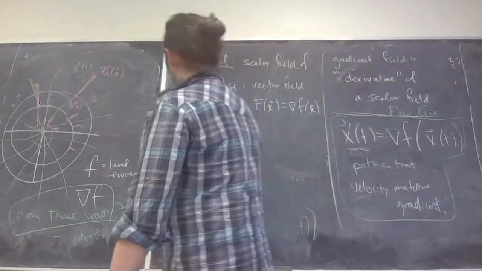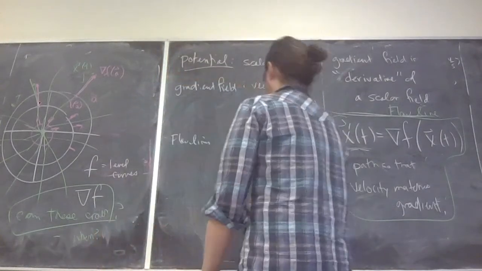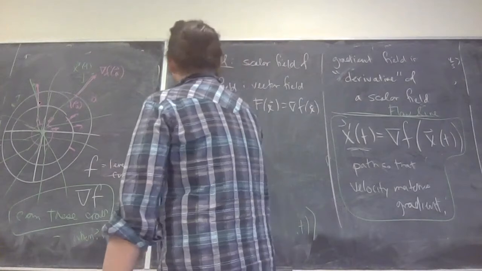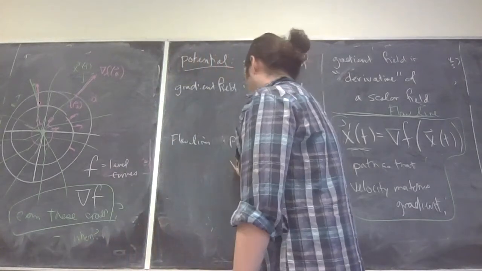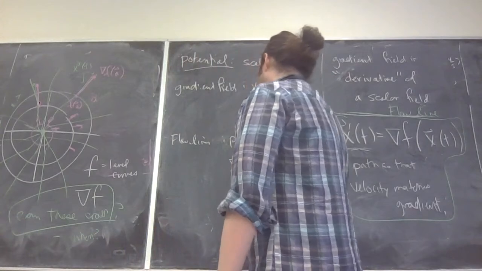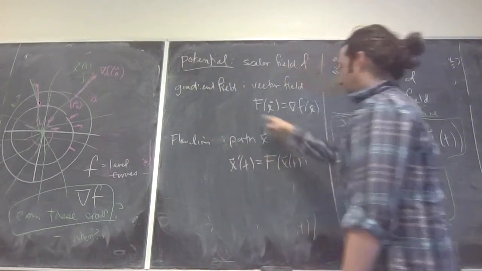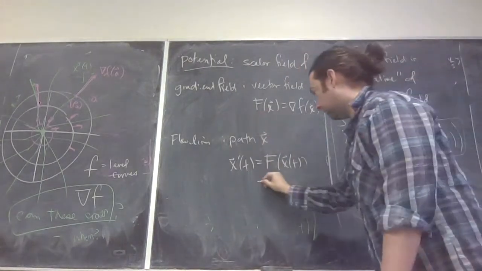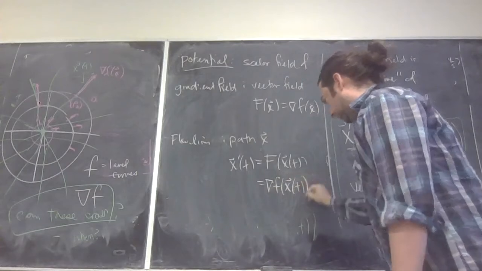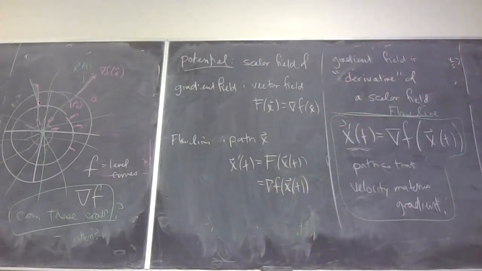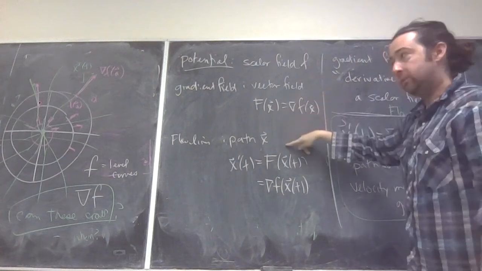We have flow lines, which are paths. A flow line is a path x that has the property that x prime of t is equal to F of x of t, if you want to use the F notation, and if you want to use gradient notation, you write grad f evaluated at x of t. So our objects so far: potential functions, gradient functions, flow lines.